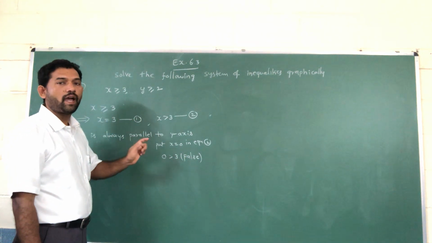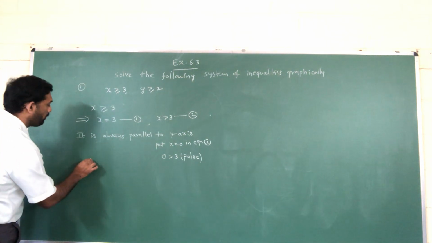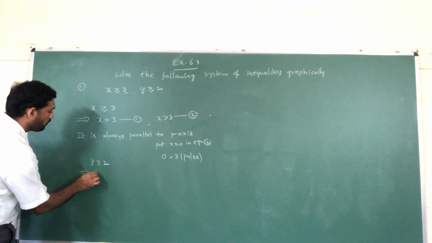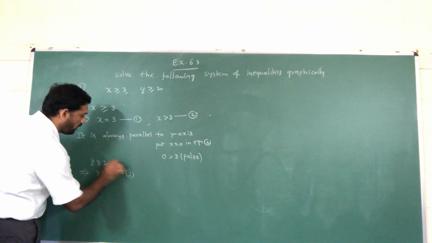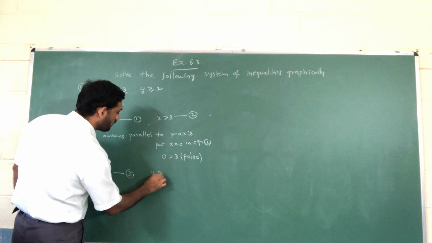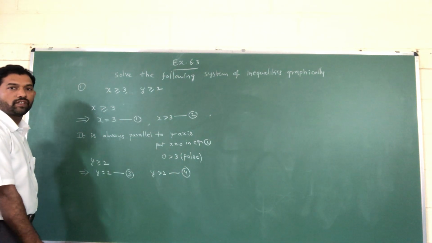Same like that, take the second inequality: y greater than or equal to 2 implies y equal to 2, that is equation number 3, and y greater than 2, that is equation number 4.